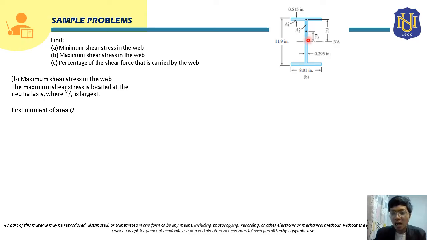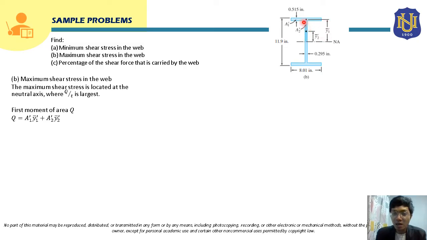Okay, so let's just solve them individually, then sum them up. For this area, which is what we used earlier for the flange, the area times the distance of its centroid to the neutral axis.